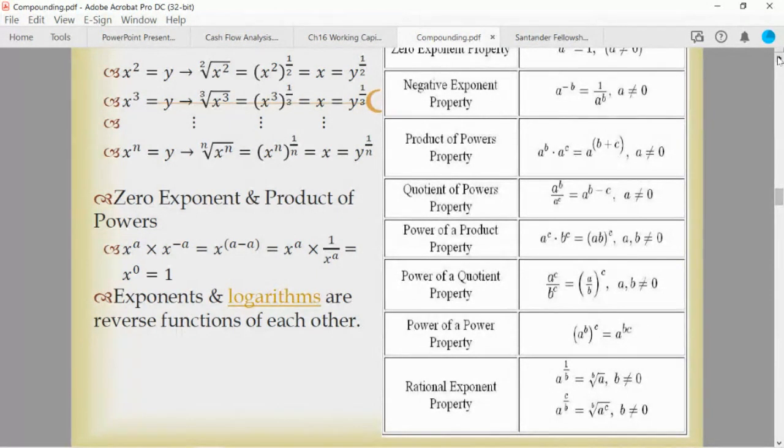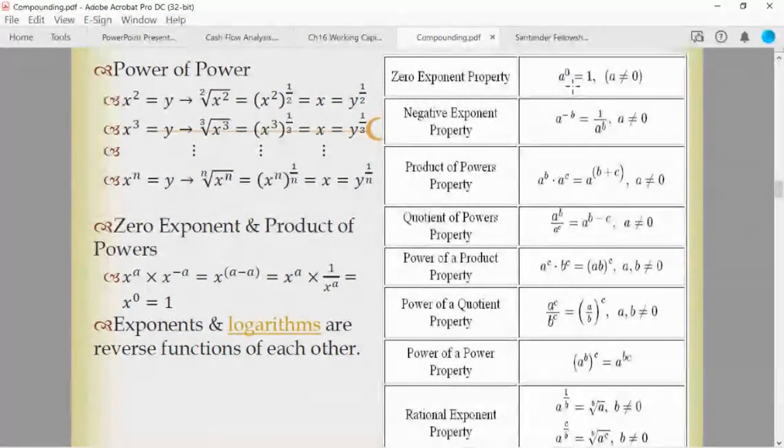Also, the rule about raising to 0, why is it 1? Think about it. Suppose we have x to the a times x to the negative a. Same base, so using the product of powers property, it's going to be x raised to a minus a.